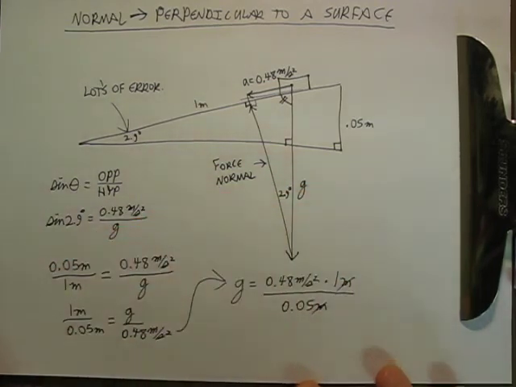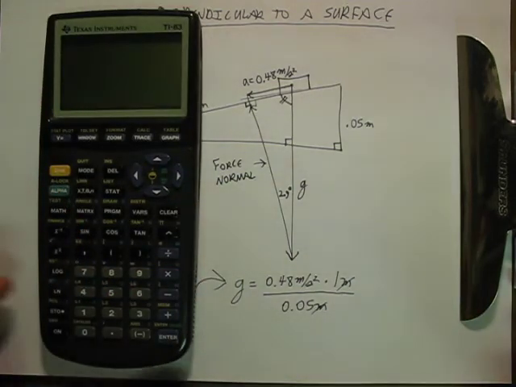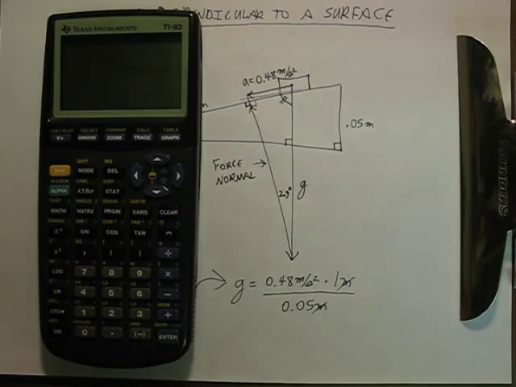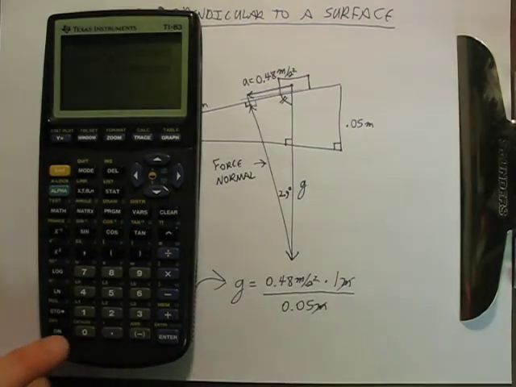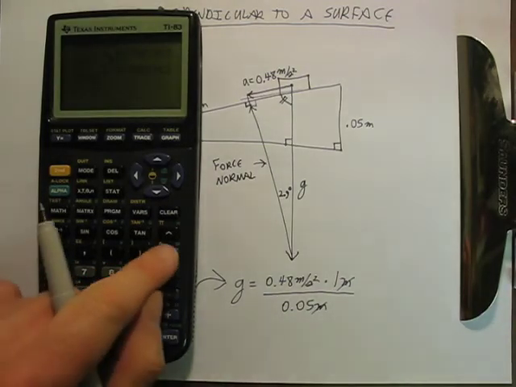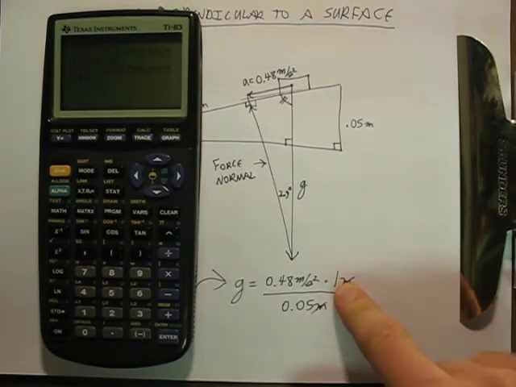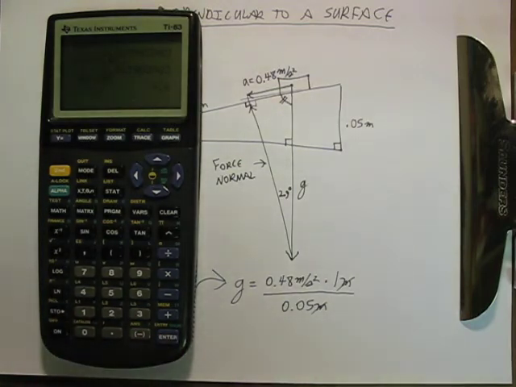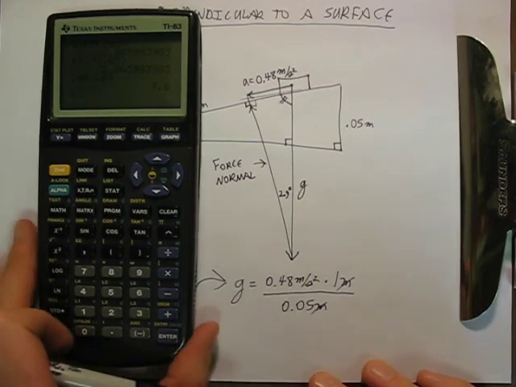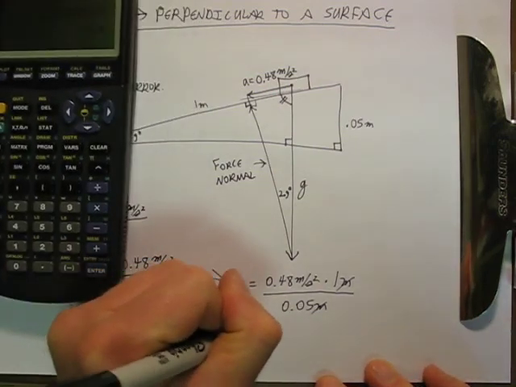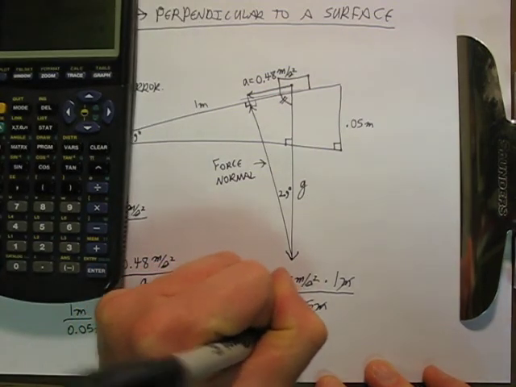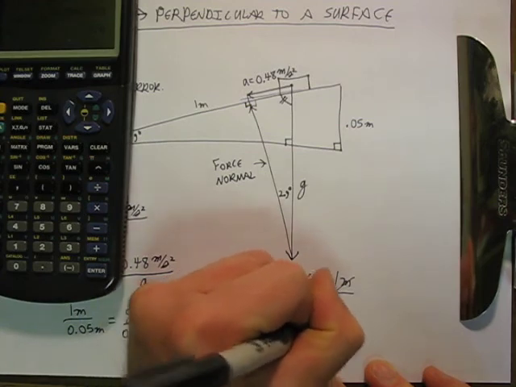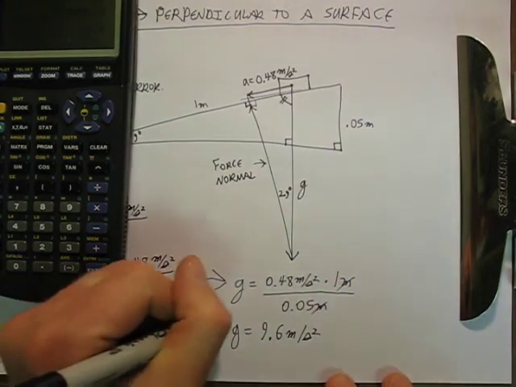These meters are going to cancel out, and if I do this on my calculator, I'm going to get 0.48 divided by 0.05, and I'm going to get 9.6. So I'm calculating that g in my lab is 9.6 meters per second squared.